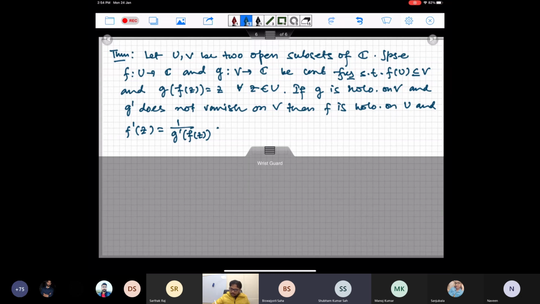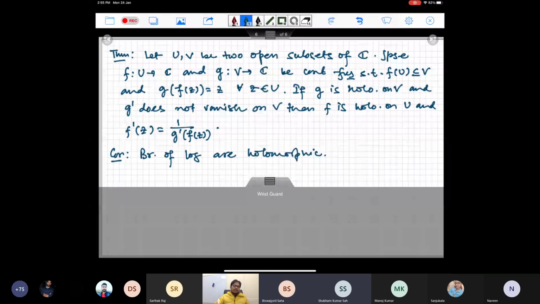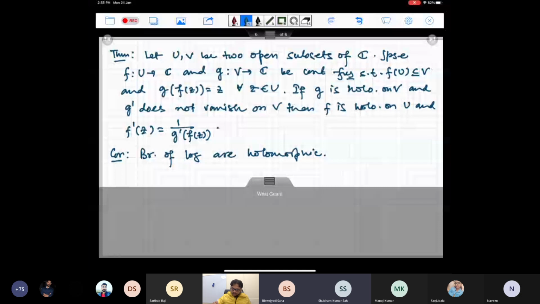As a corollary we get that branches of logarithm are holomorphic. No matter what branch of logarithm you take, it is going to be holomorphic, independent of the domain, of course.